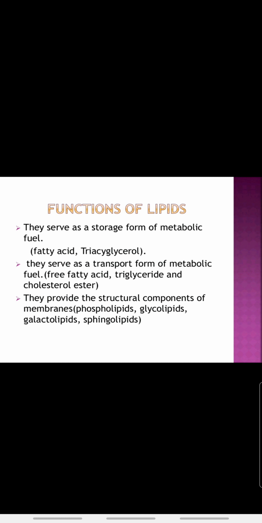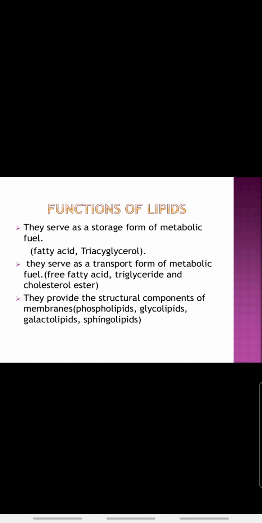It is the main constituent of body fat in humans and other vertebrates, as well as vegetable fat. That is why it serves as a transport form of metabolic fuel, because it is a constituent of body fat in humans and other organisms.